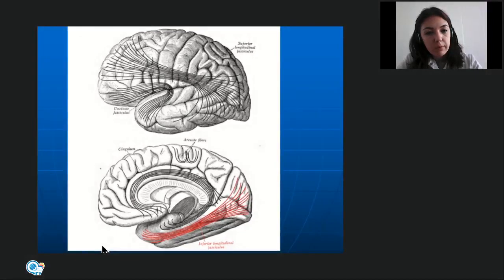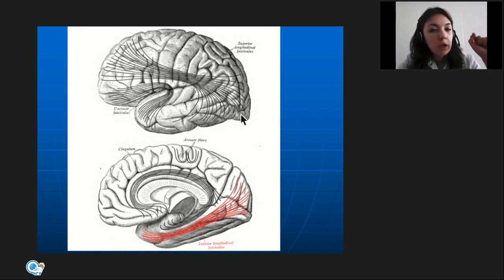Here you can see examples of the short association fibers. These are like arcuate fibers, present between each adjacent gyri. And long association fibers form different fascicles. For example, the superior longitudinal fascicle connects cortex of the frontal lobe with cortex of the occipital lobe.